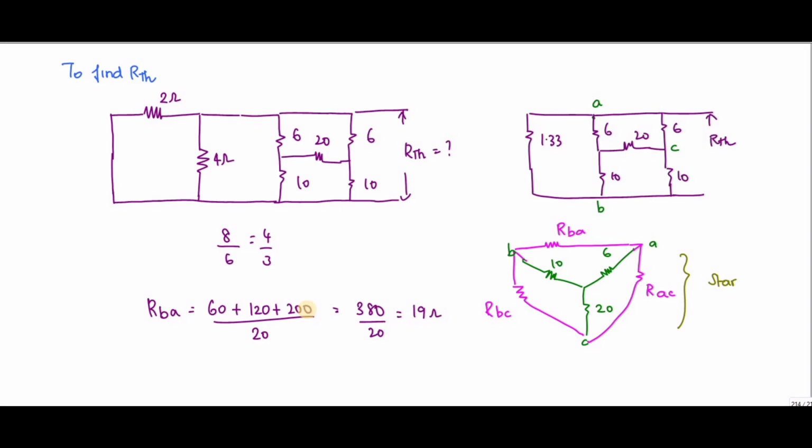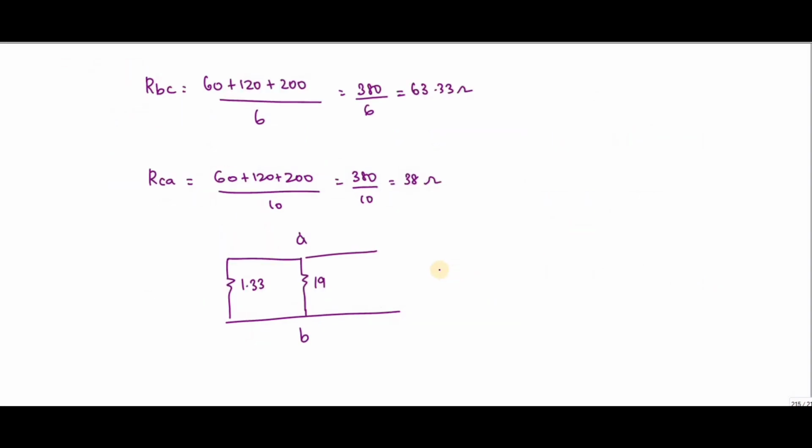Between A and C, the AC value is 38, and this one is 63.33. And this one is 6, and this one is 10. Here we need to find the value of RTH. If we see, the 6 and 38 are in parallel, and 10 and 63 are in parallel.